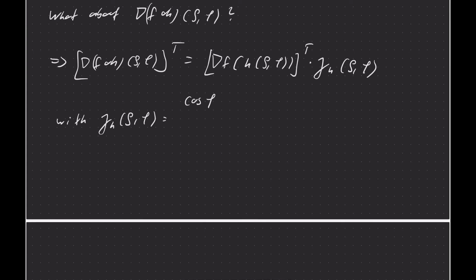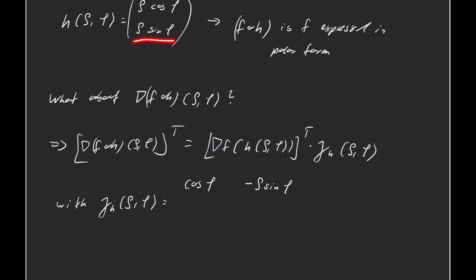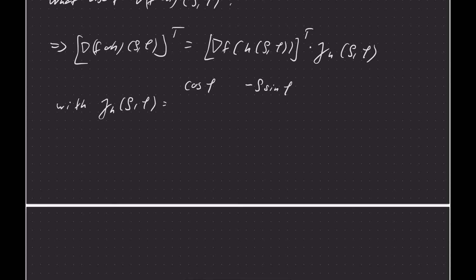If we differentiate that by phi, then we get minus rho sine of phi. And for the second row, rho sine of phi, differentiating by rho gives us sine of phi, and differentiating by phi gives us rho cosine of phi. So that is the Jacobian of h.